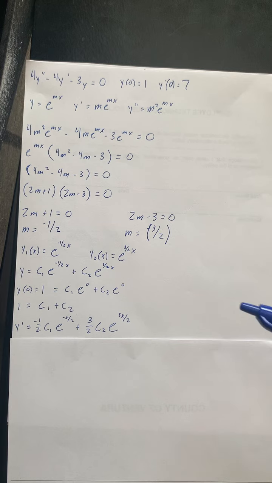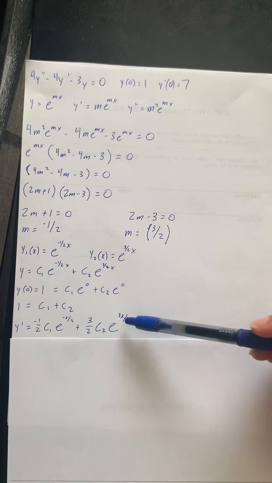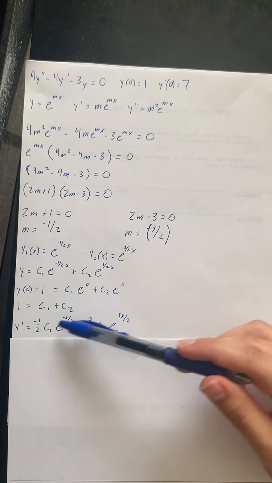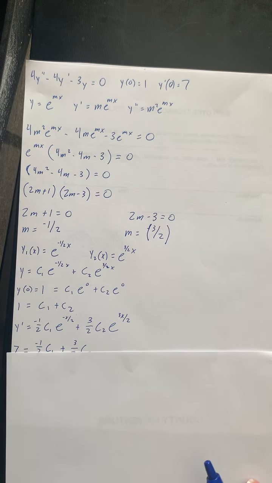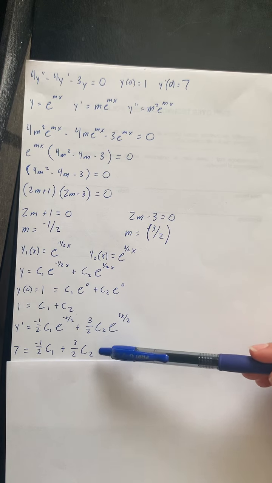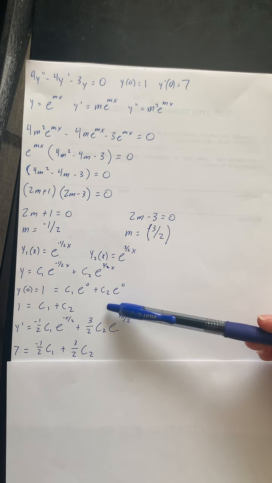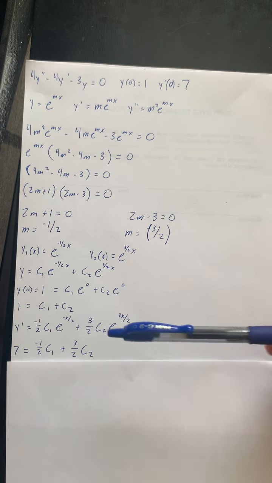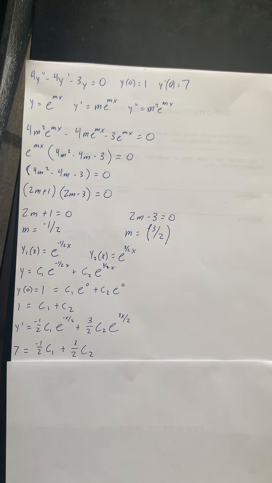So now what we're going to do is plug in 0 for x, and we know that when we do that, the equation is equal to 7. So then we get 7 equals negative 1/2 c1 plus 3 over 2 c2. So now that we have these two separate equations, we can use them to find c1 and c2.